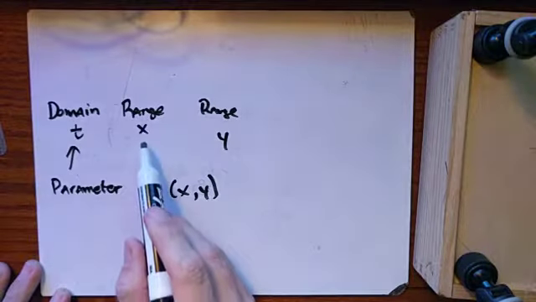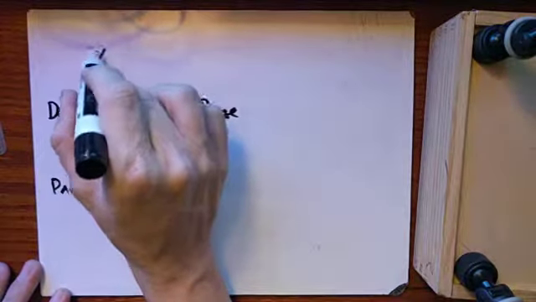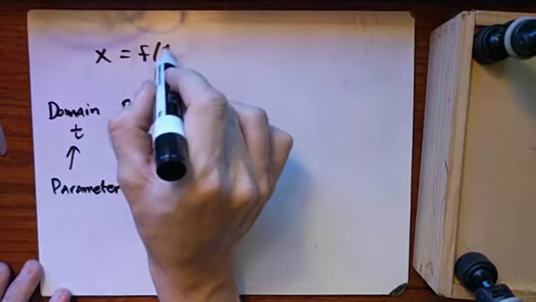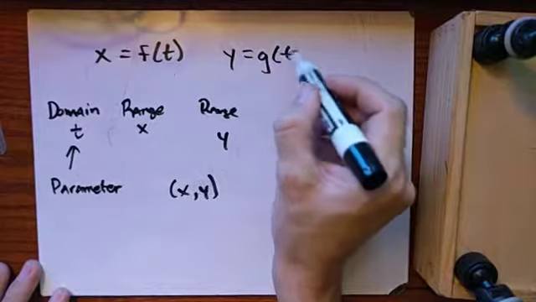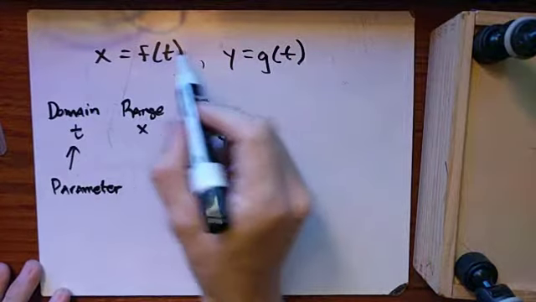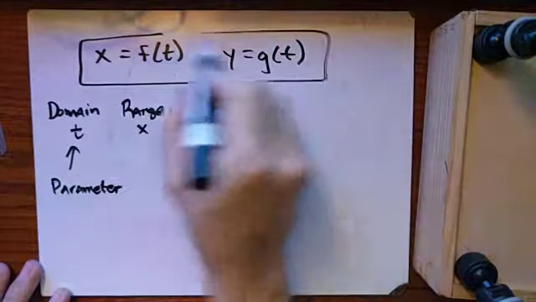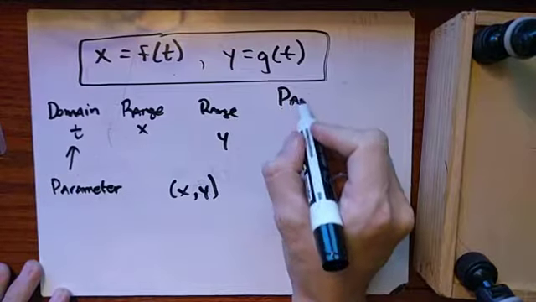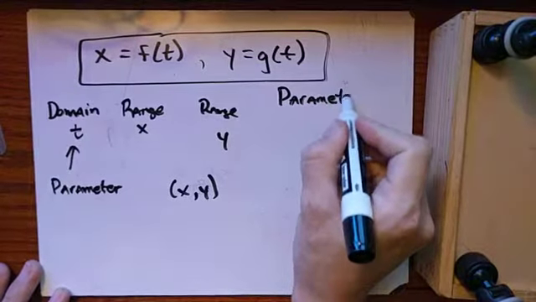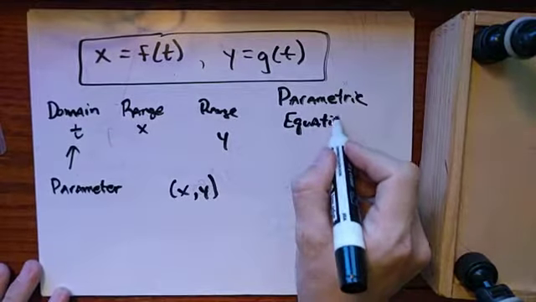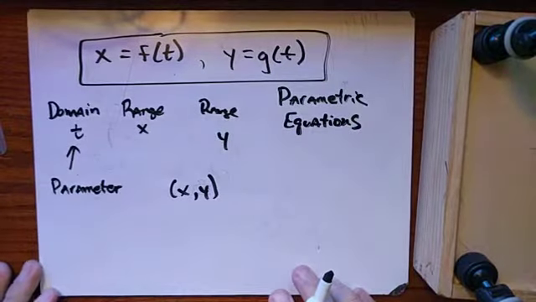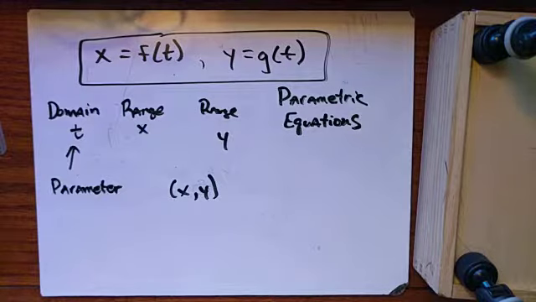So what that means is that x is a function of t and y is another function of t. And these two equations together are called parametric equations because both x and y are defined in terms of a parameter. So that's the gist of what parametric equations are.